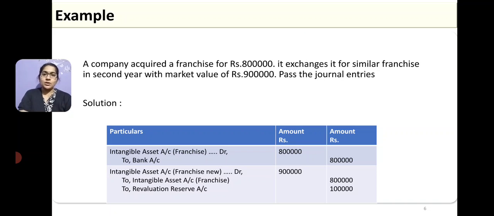So, the worth of the intangible asset in the second year is 9 lakh. So, we are just passing two entries. One is for acquiring in the first year. The second one is the increase in the market value, which is credited to the revaluation reserve.